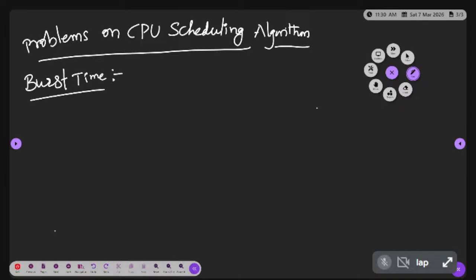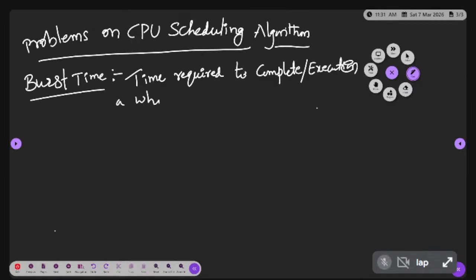Burst time can be defined as the time required to complete the process, the amount of time required to complete or execute a whole process.